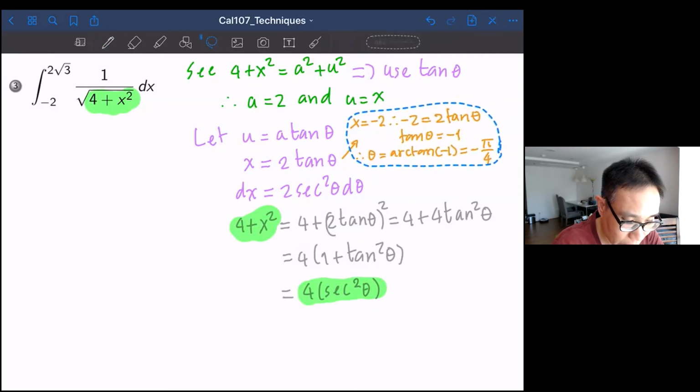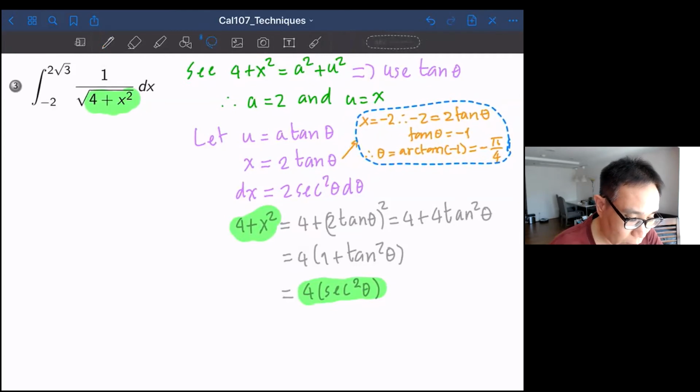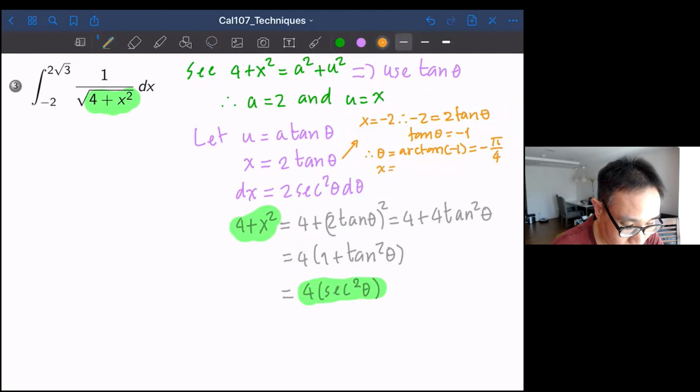Okay, that looks nice. So for the other limit, you need x equal to -2√3.